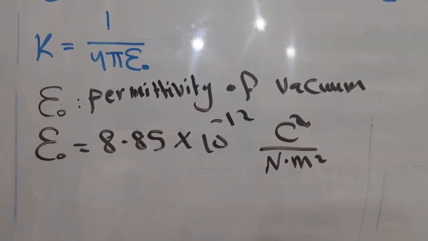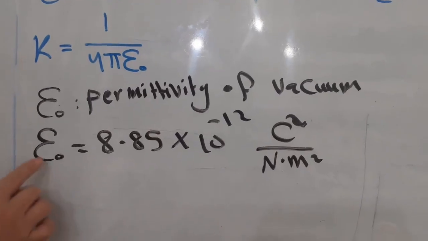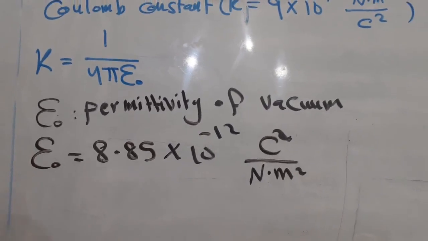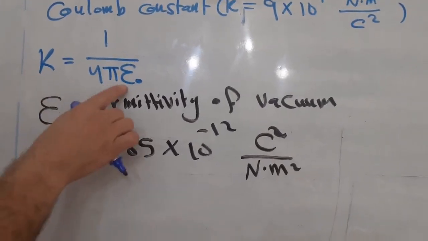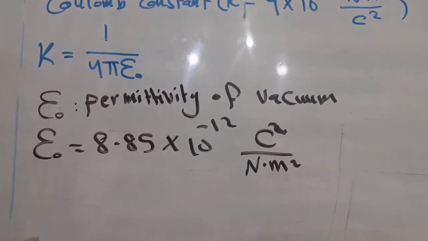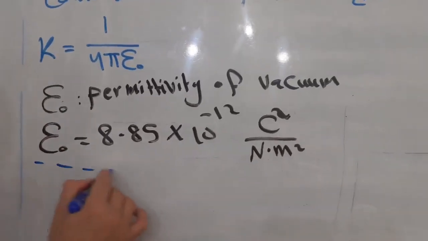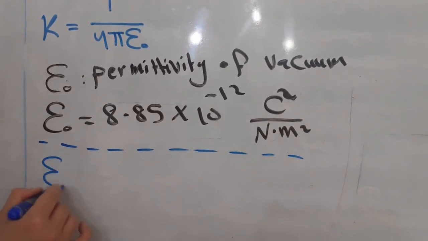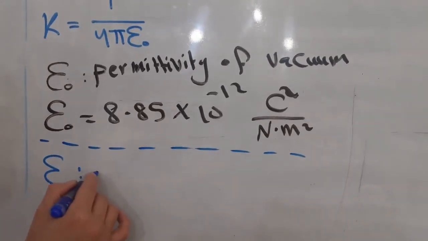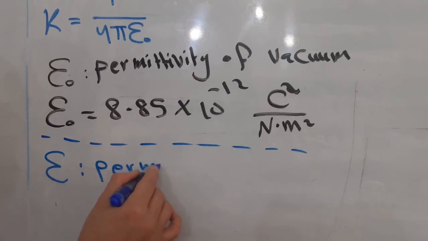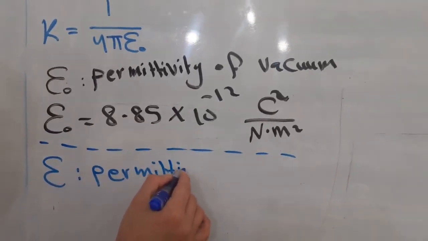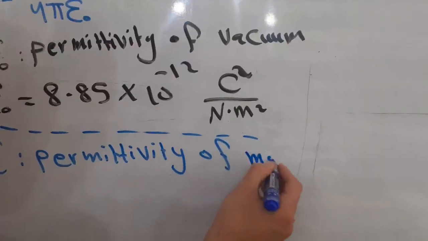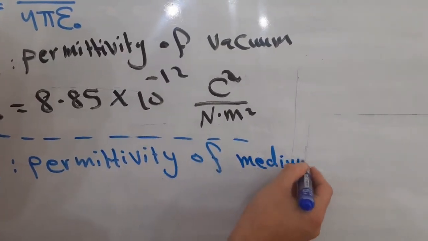For any medium, write epsilon without the naught. It's not constant, because that is for vacuum. Epsilon is the permittivity of the medium.